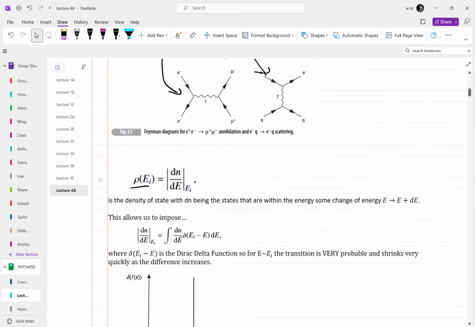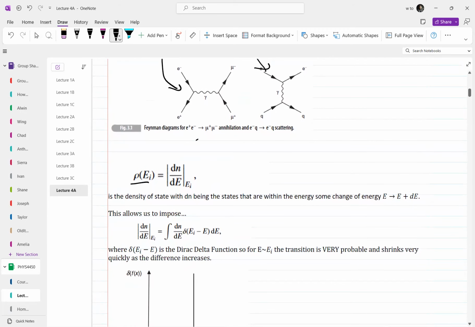Thomson goes through to derive for you why you can rewrite this density of states as the total derivative of the number density of states. There's a lot of densities around.